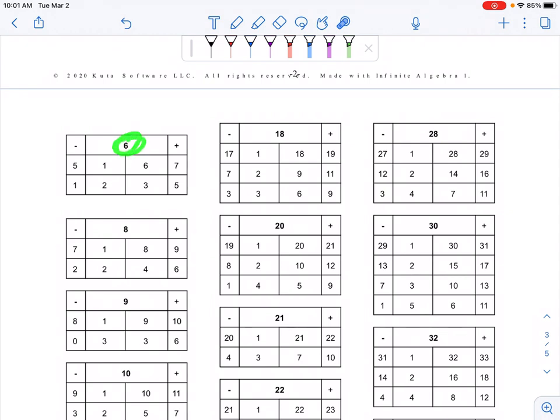It has the number that we're looking for, and the factors that multiply up to create that number. So here's a 6. I have 1 times 6 makes 6 and 2 times 3. And then off to the sides, it tells you what they add to create and what they subtract to create. So 1 plus 6 is 7 and 6 minus 1 is 5.